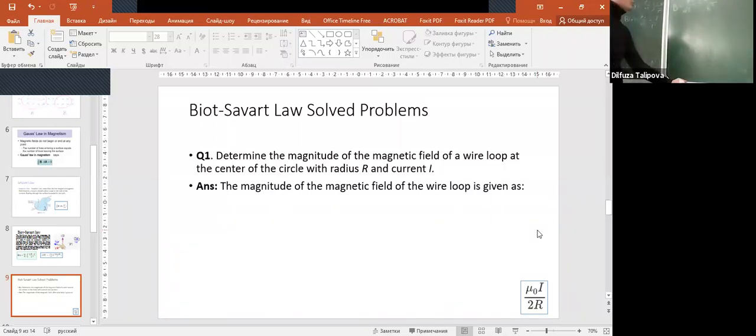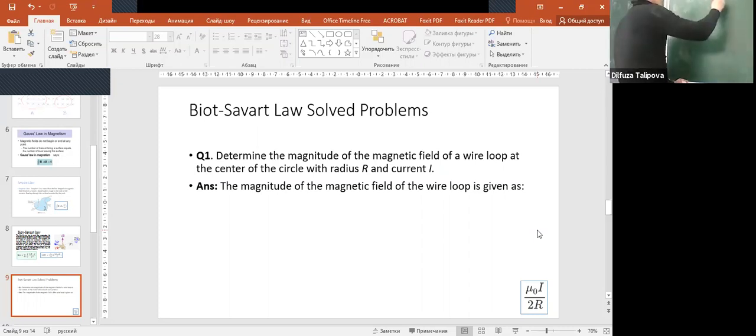Okay, so these R cancel, and pi also cancels, and 2 and 4 simplify, and we have mu0 divided by 2 multiplied by I divided by R. Here not R square, not R cube, we have only this R. So the magnetic field is equal to mu0 multiplied by I divided by 2R.